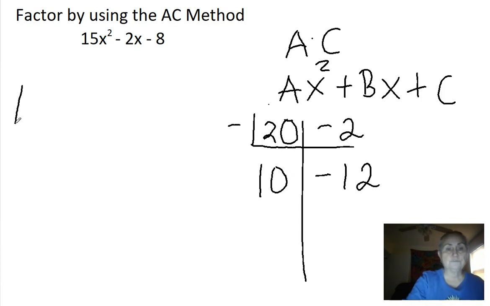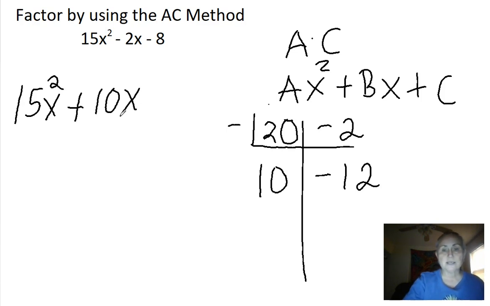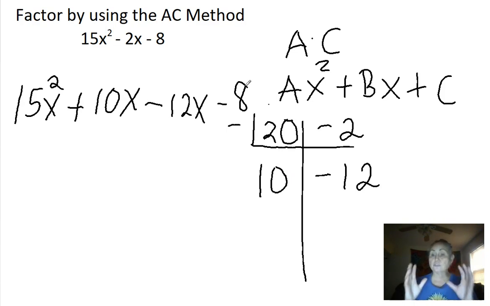So 15x squared plus 10x minus 12x minus 8. So those are going to be my two terms that were the O and the I of the FOIL rule when the FOIL rule was applied to get this trinomial in the first place.